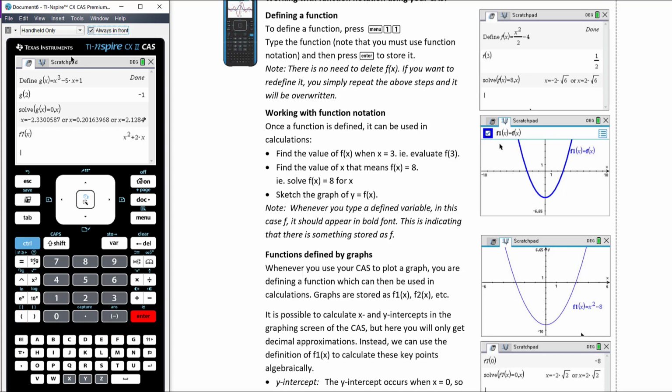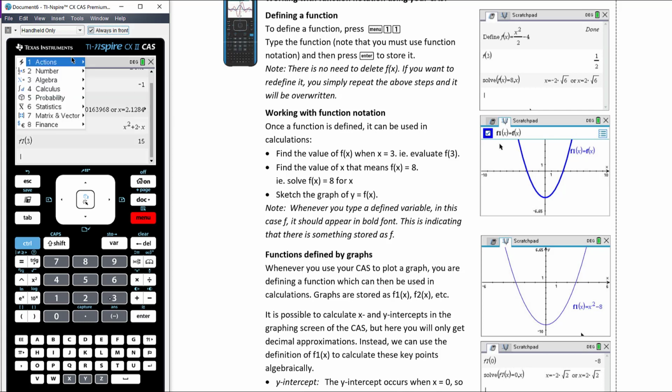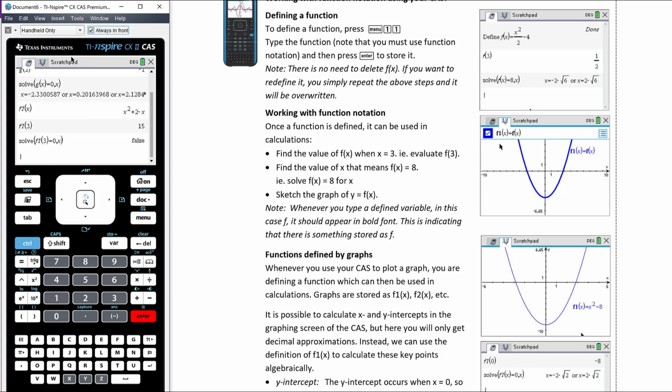Therefore, if I type f1 of 3, changing the input to 3 squared plus 2 times 3, it will work that out. If I solve f1 of x equals 0 for x, it's going to calculate the x-intercepts of that graph.